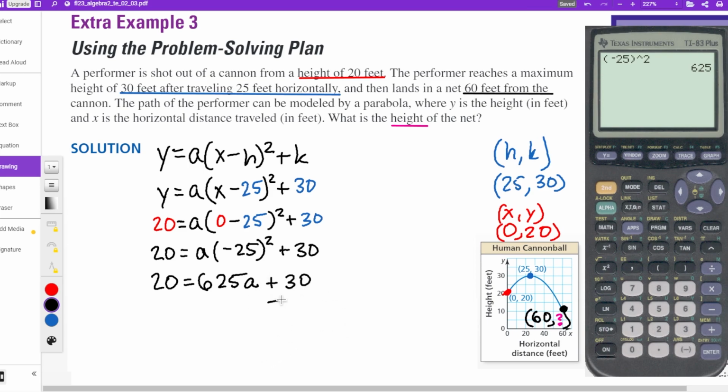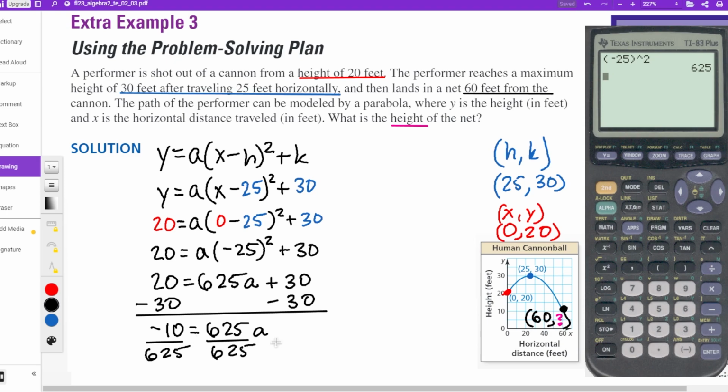Then to solve for a, we can subtract 30 from both sides to get negative 10 equals 625a. And then divide both sides by 625. We get a equals negative 0.016.